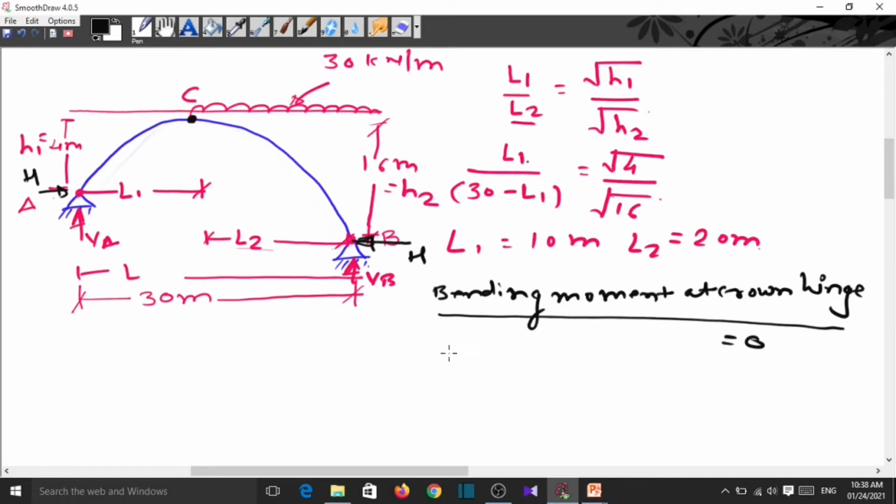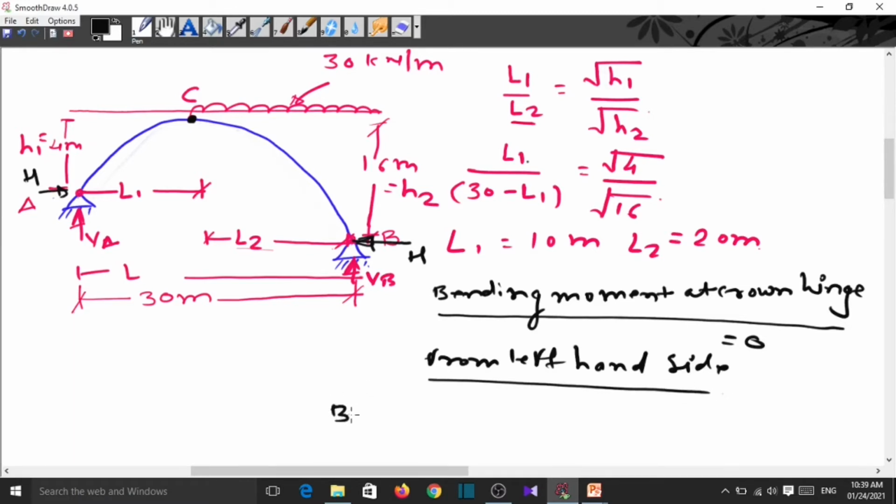Now we are taking this bending moment from the left hand side. We know the bending moment at the hinge is equal to the beam moment minus the thrust moment, or H moment.